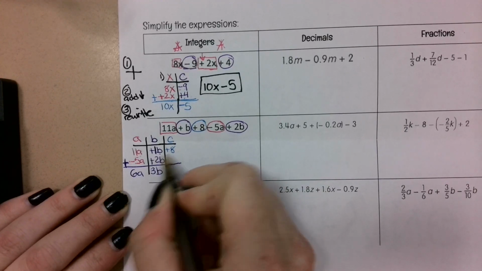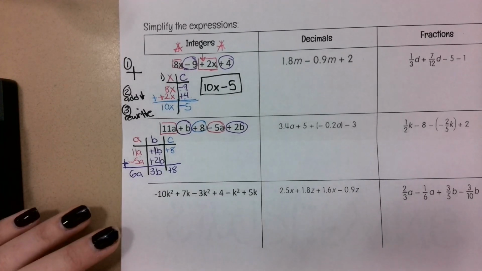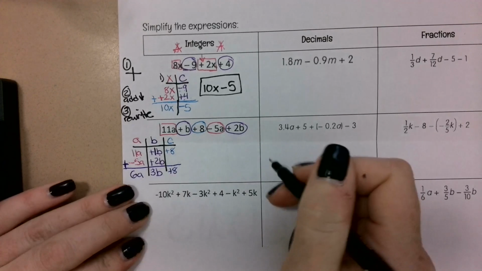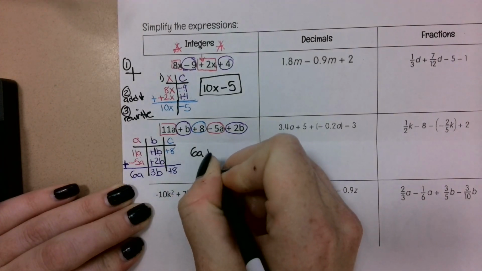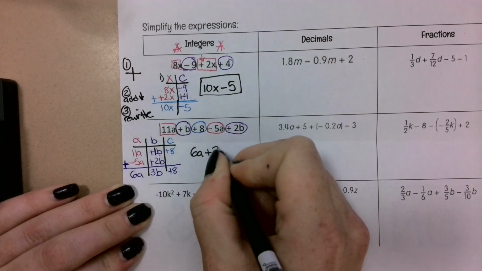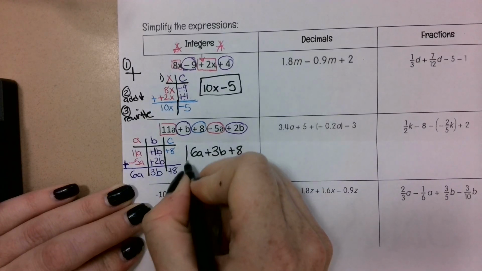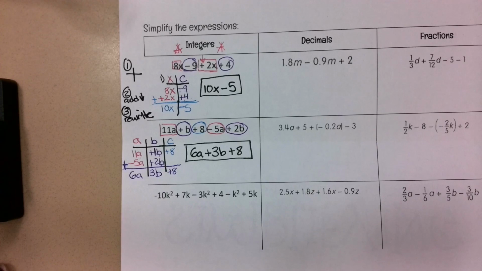Then we have 8 plus nothing, so that gives me a positive 8. Step number 3, we're going to go ahead and write our answer, which is 6a plus, because it's a positive, 3b plus 8. And this is the most simplified form of that expression.